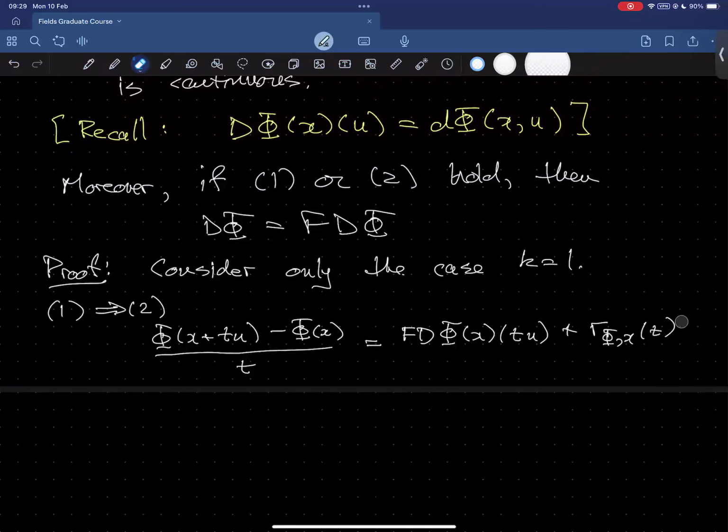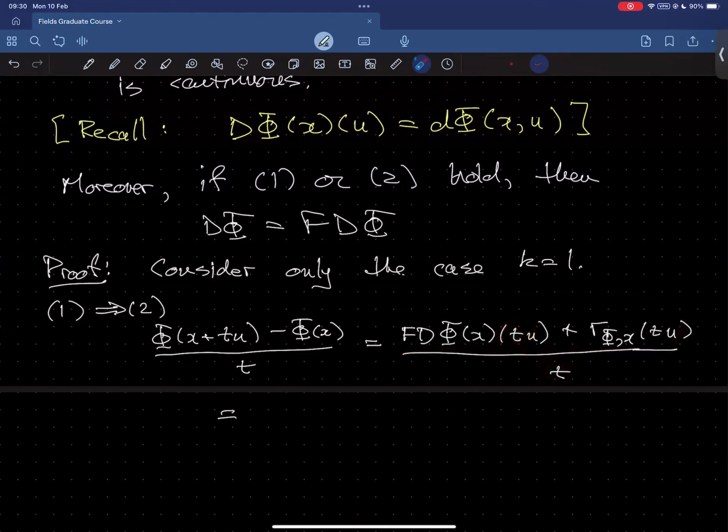First of all, FD is linear, so I'm going to separate the numerator into the two summands, and linearity ensures that this t will cancel with that t.